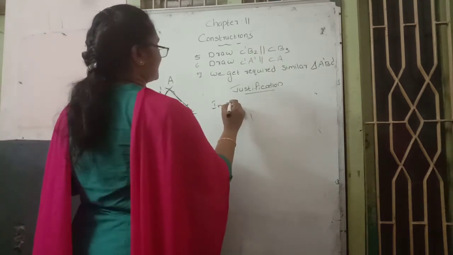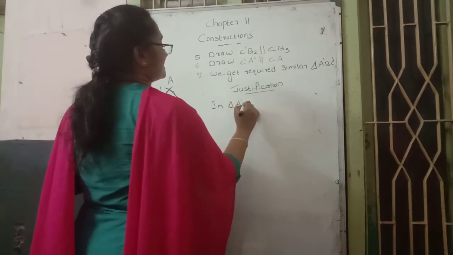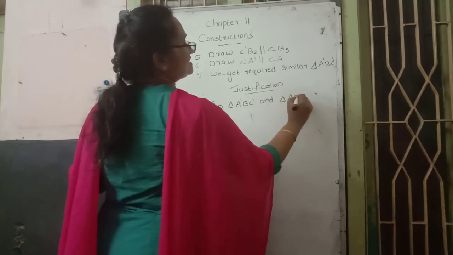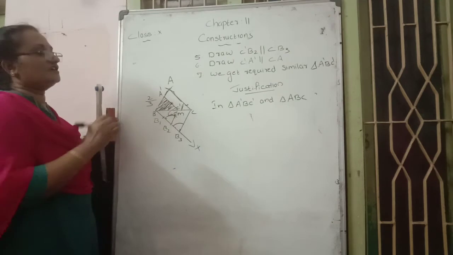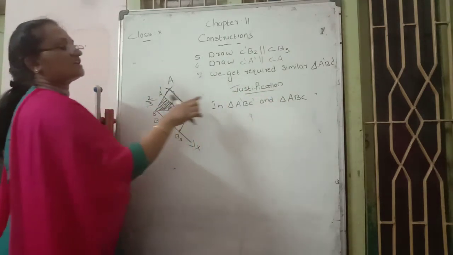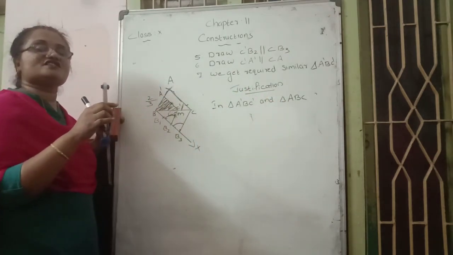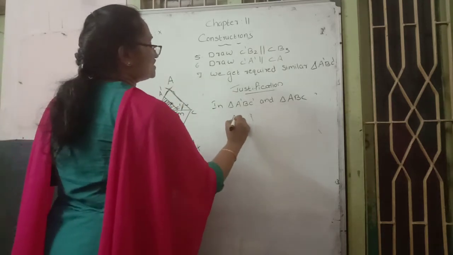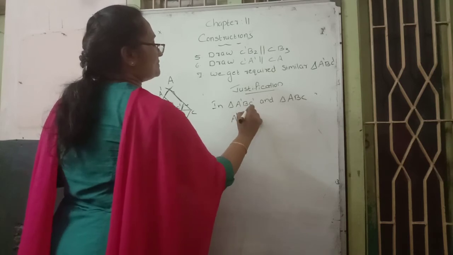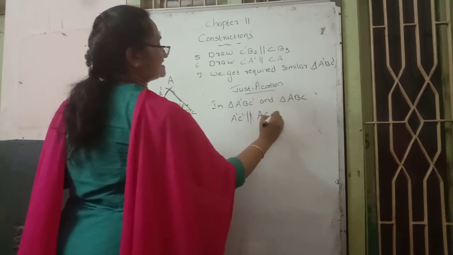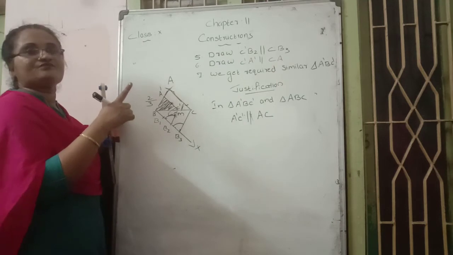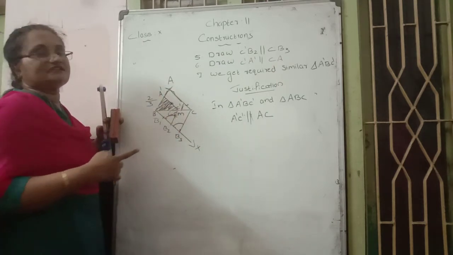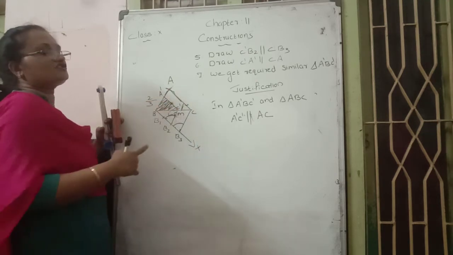ABC is our original triangle, A dash B C dash is our similar triangle. Here we already know that A dash C dash is parallel to which side? AC side. Already we proved that in a step: we wrote that A dash C dash is parallel to AC.